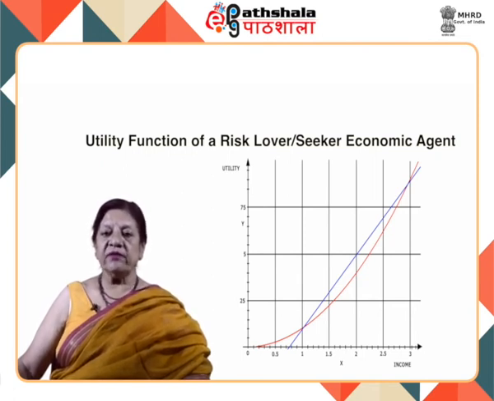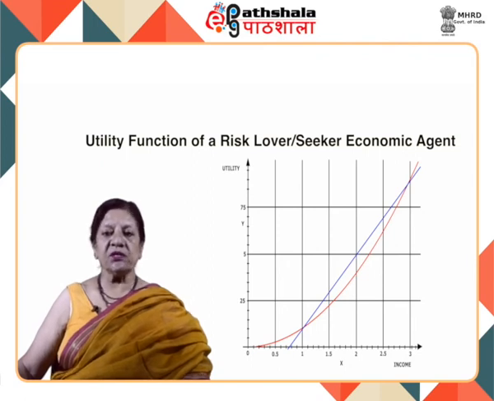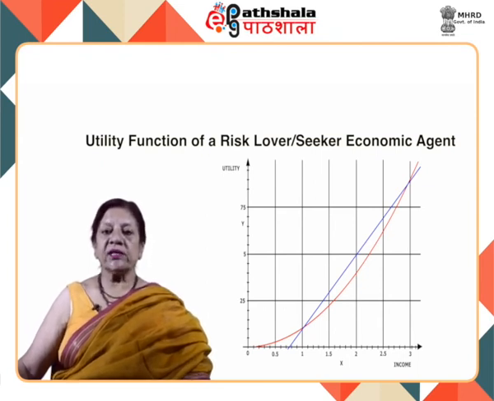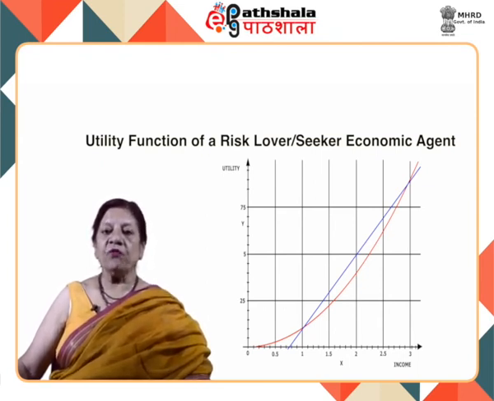The first derivative with respect to income is positive and the second derivative too is positive. Consider a risky prospect with mutually exclusive outcomes of an income of 1 unit with a probability of 0.5 and an income of 3 units with a probability of 0.5.